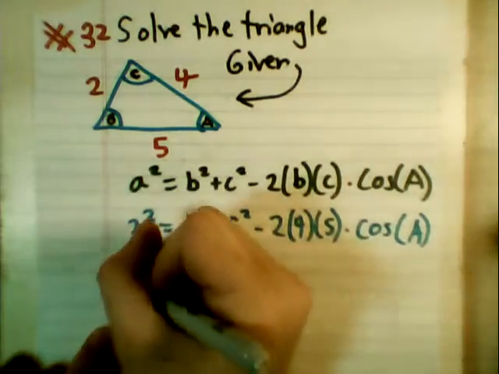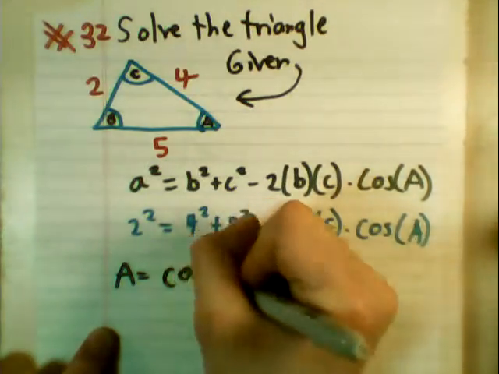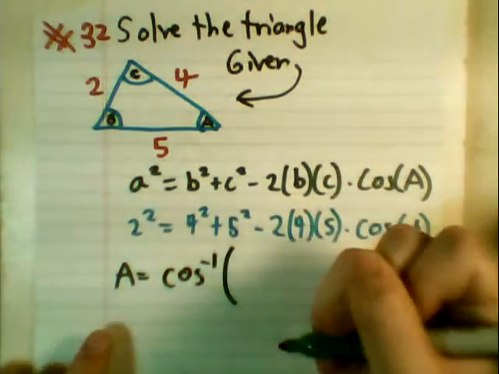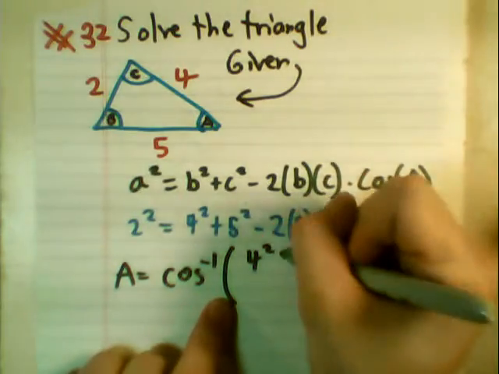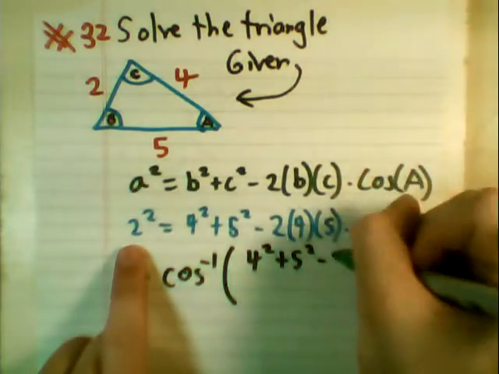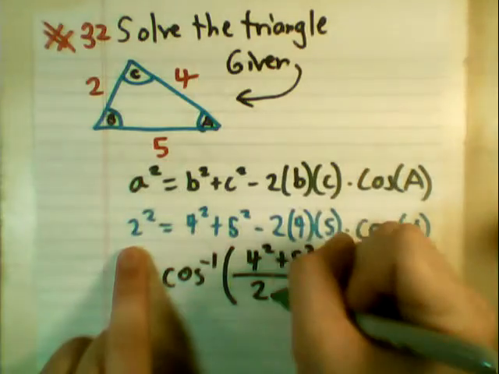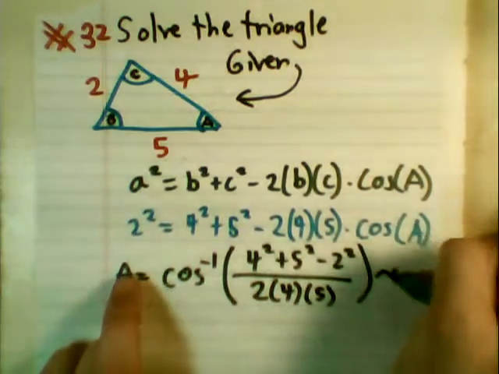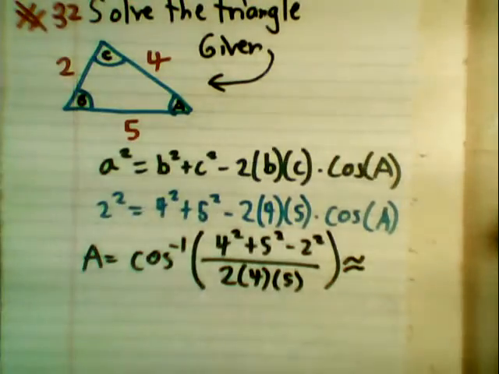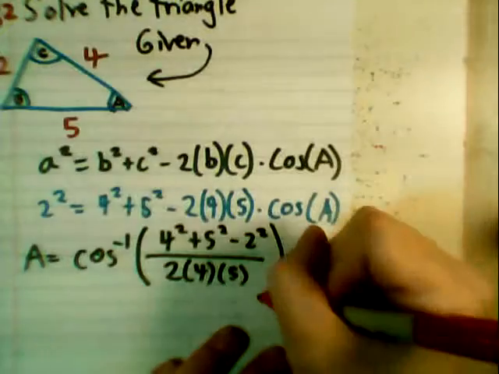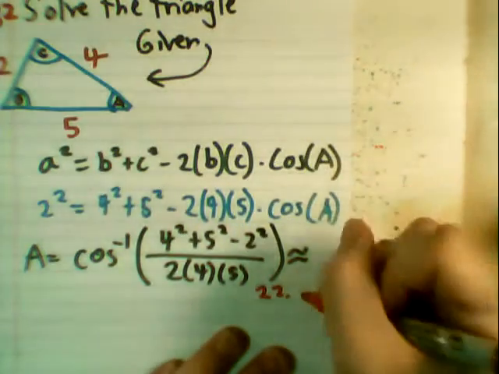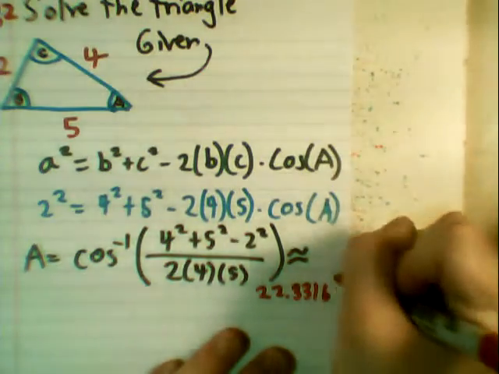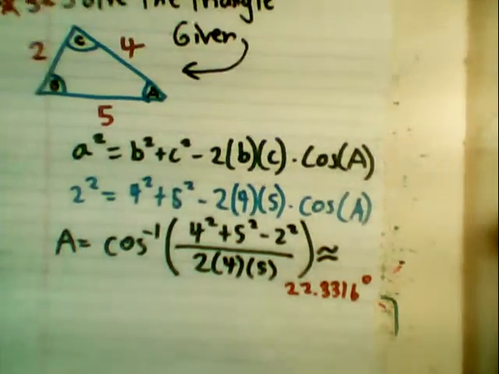But I know that A equals cos inverse of 4 squared plus 5 squared minus 2 squared divided by 2 times 4 times 5. If I plug that directly into the calculator, make sure you're in degrees, you get 22.3316 degrees. That is my A.